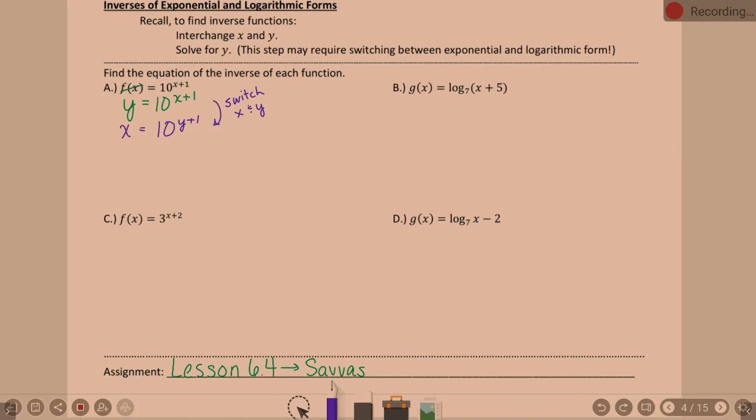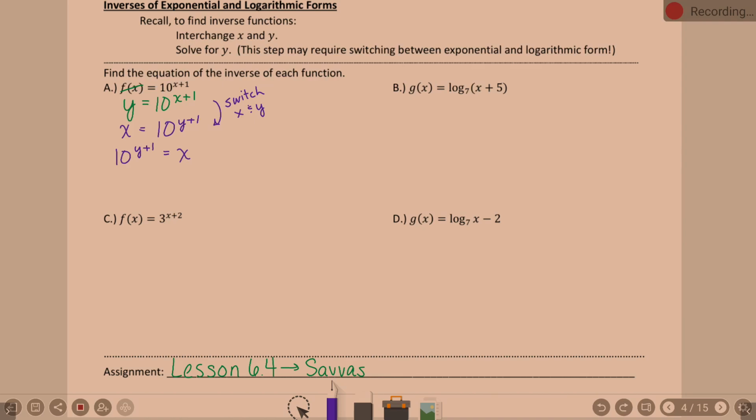Left, right, middle. Now, if you need to, I would suggest we flip this before we do our left, right, middle. Not everyone's going to need to, but it's definitely helpful. In order to do left, right, middle, your base and exponent have to be on the left. So 10 to the y plus 1 equals x.